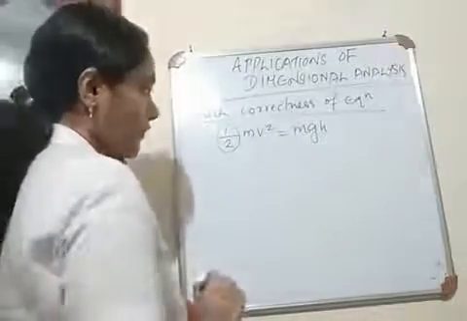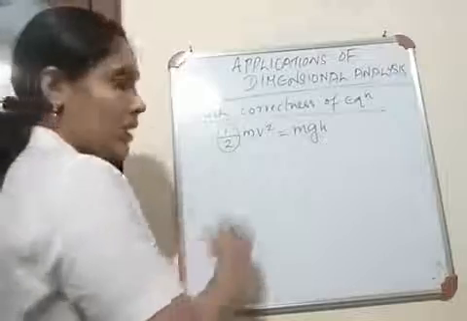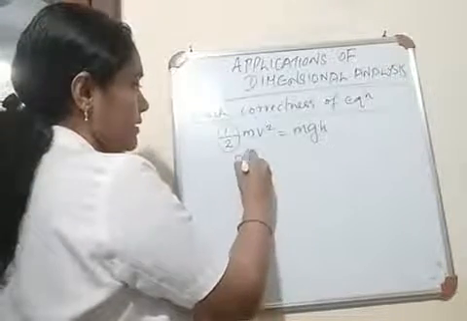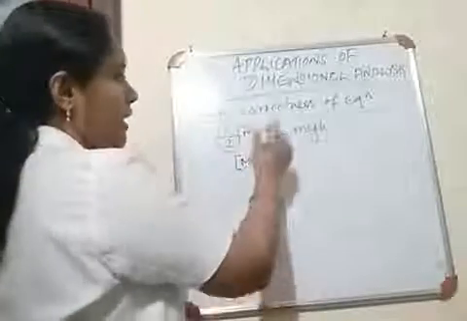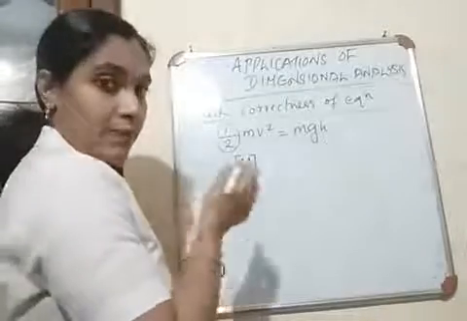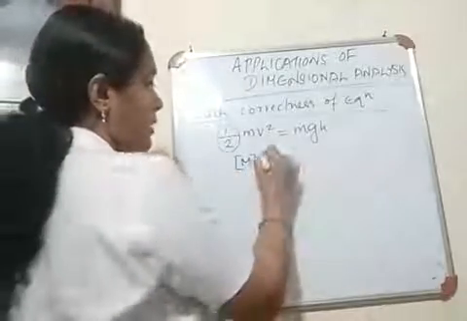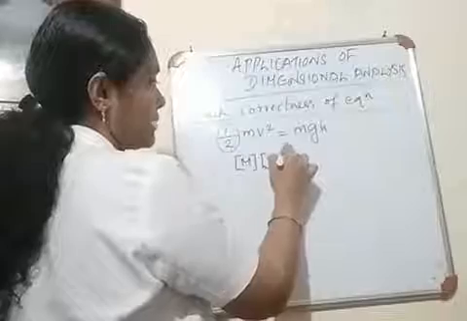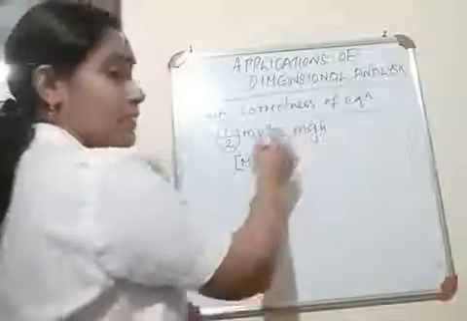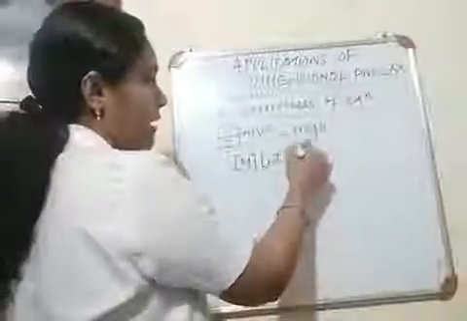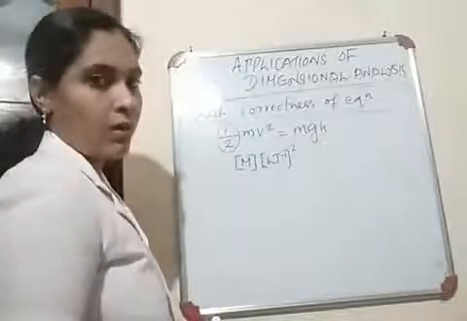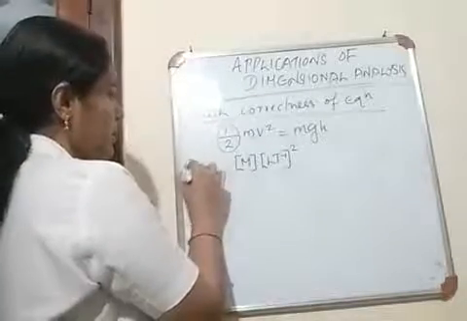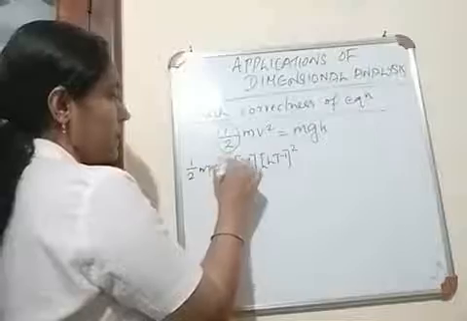Then next is mass. What is the dimension of mass? It is M. Next is velocity. V is velocity. What is the dimension of velocity? It is L T raised to minus 1. And since it is v square, we need to add a square here. So this is the dimension of half m v square.